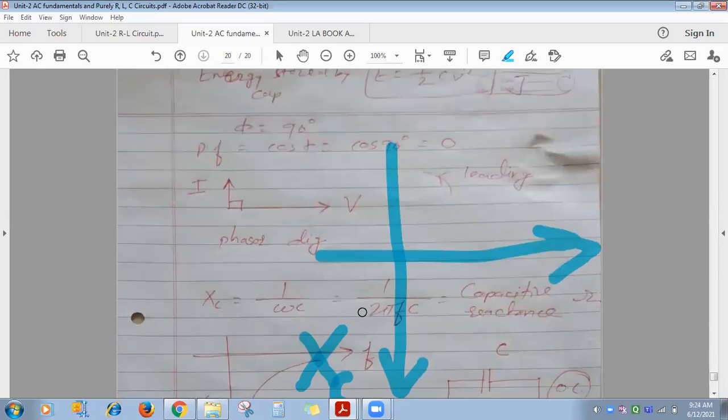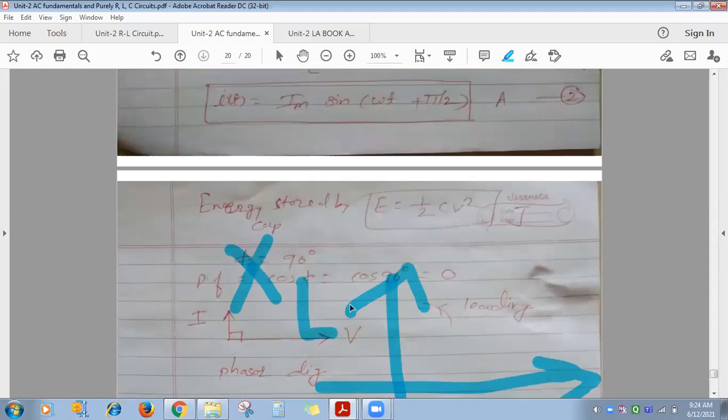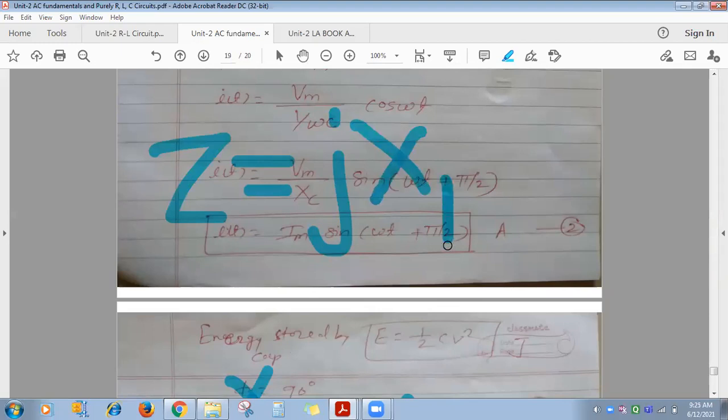And XL you will find along the positive imaginary axis in series RL, we will derive it. So for a purely inductive circuit, if you are asked impedance in rectangular form, then it will be plus JXL. These two formulas all of you keep in your mind.